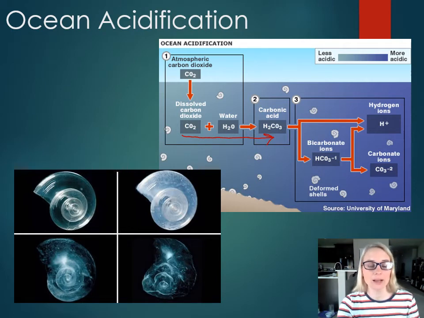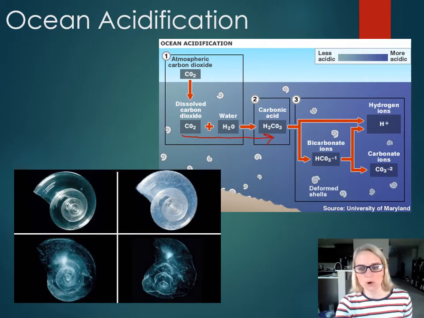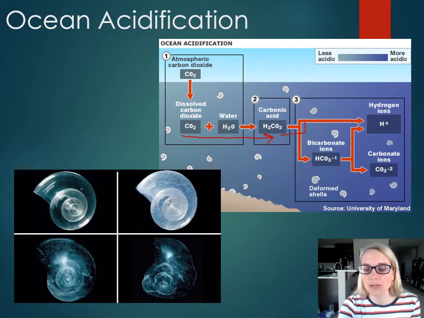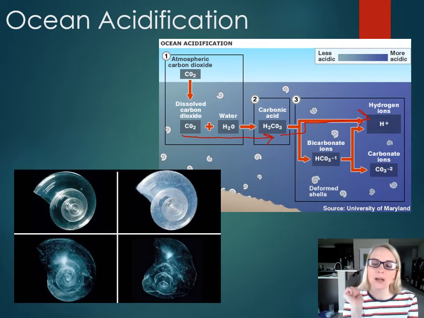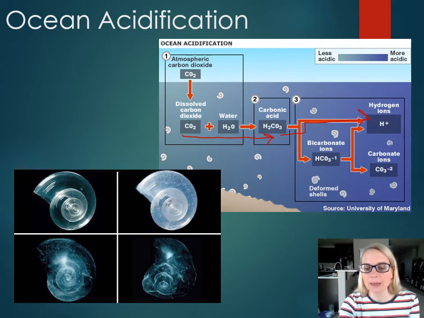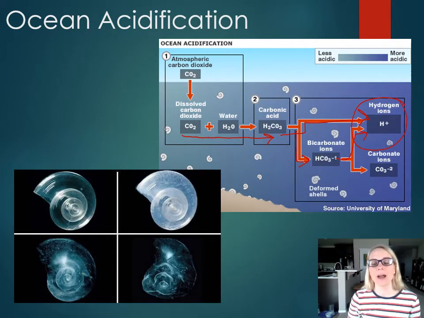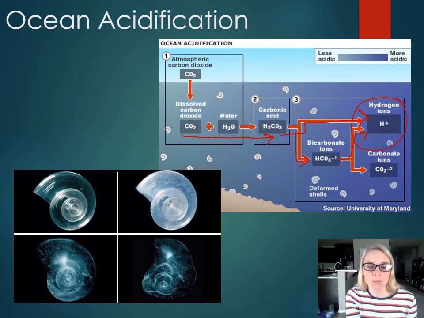And when carbonic acid mixes with water, which it's already in being in the ocean, it produces hydrogen ions and bicarbonate, but it can also release more hydrogen ions from the bicarbonate. So what we end up with is higher hydrogen ions in solution in the ocean. And when you have higher hydrogen ions, just like in anything, you're going to become more acidic.